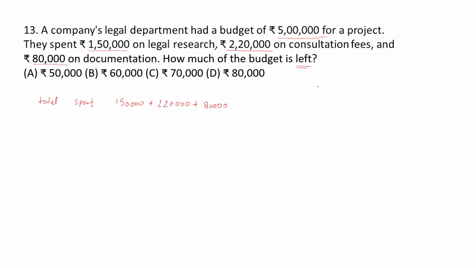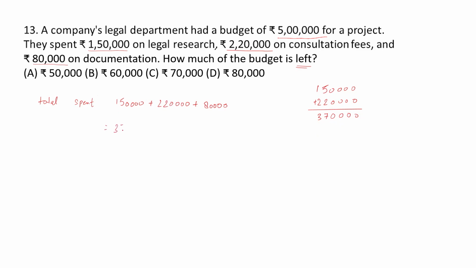So let me add them up. 1,55,000, then 220,000. So if you add 0 plus 0, 0, 0 plus 0, 0, 0 plus 0, 0, 5 plus 2 is 7, 2 plus 1 is 3.